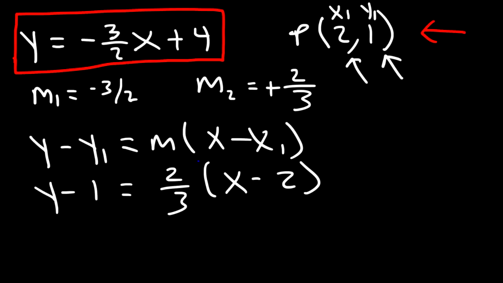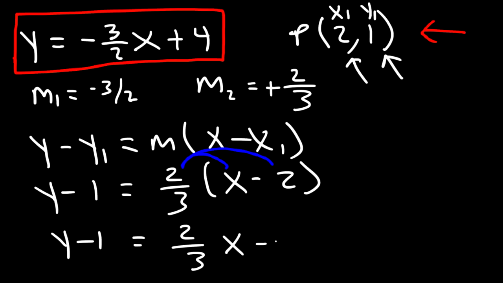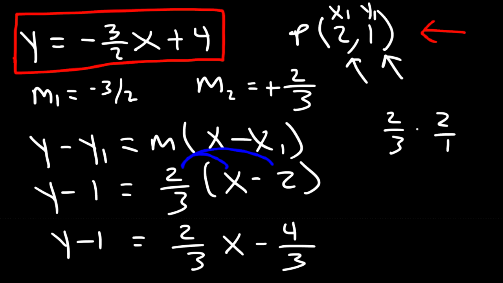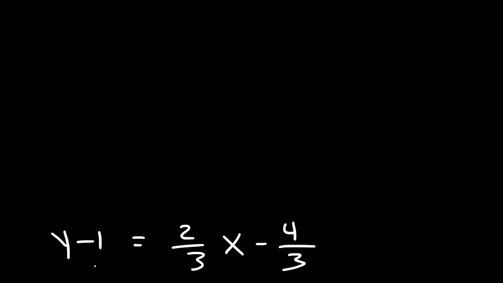Let's begin by distributing 2/3 to x and -2. So this is going to be 2/3x, and then 2/3 times 2, which is the same as 2/1. So we have 2 times 2, which is 4, and then 3 times 1, which is 3. So now let's get rid of this. Now let's add 1 to both sides.